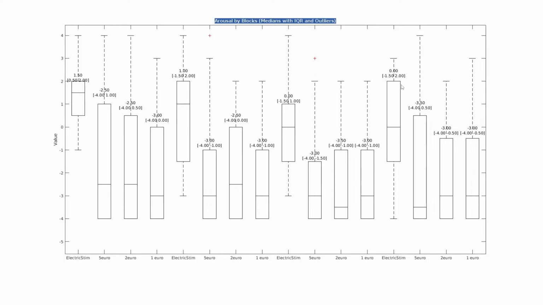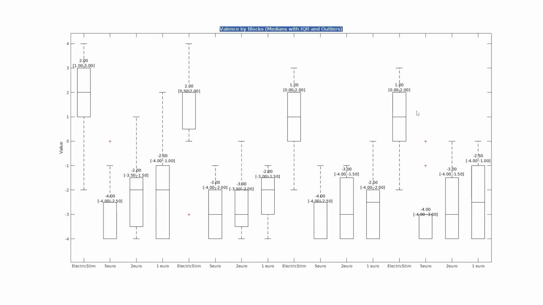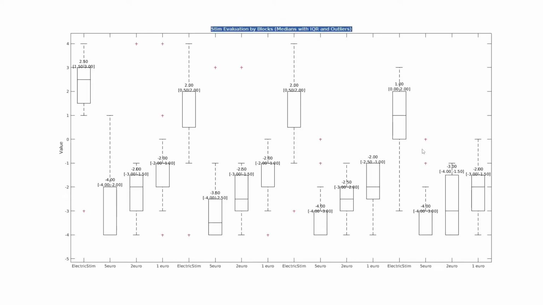Only we see some level of habituation, of course. So the overall response decreases in absolute values, but the same, for example, as for the valence and for the STEAM evaluation. Yeah, electrical stimulation causes approximately the same level of unpleasantness that €1 causes a level of pleasantness.